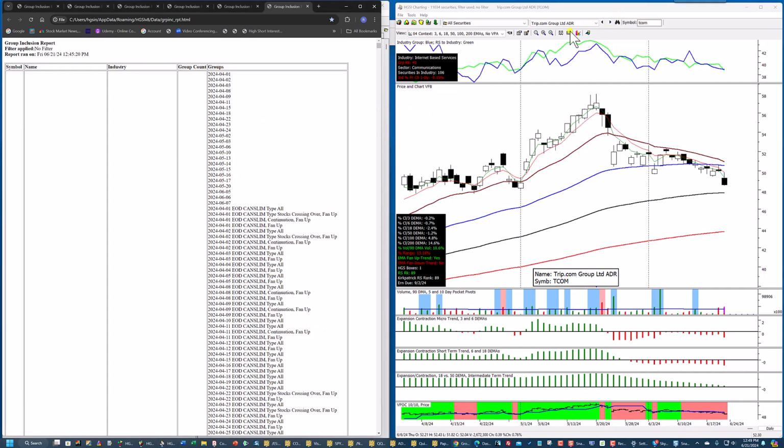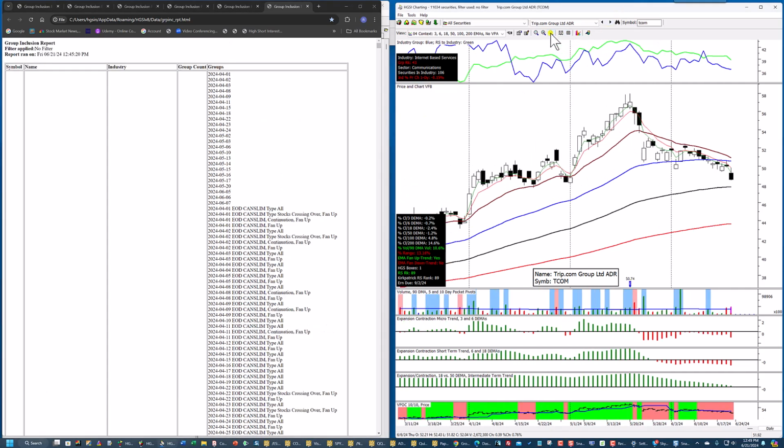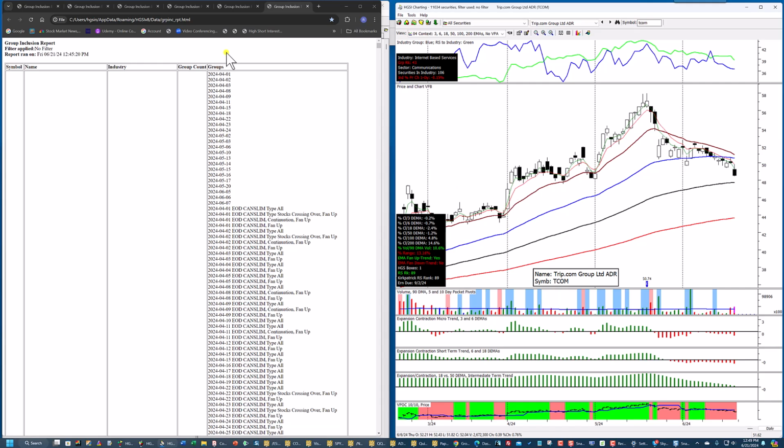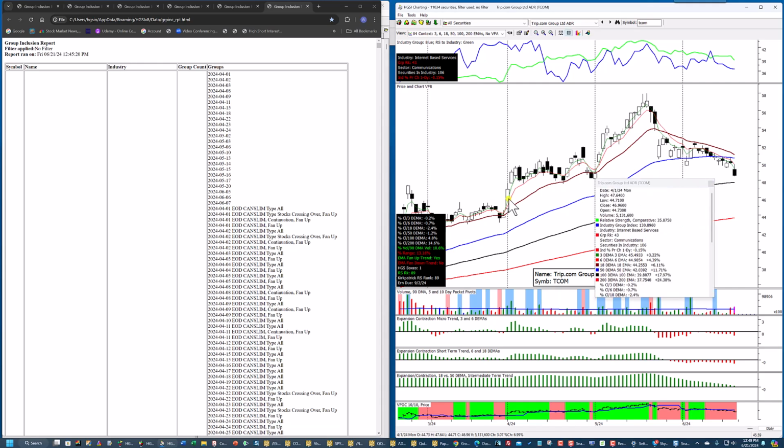Okay, let's go back and look at it. It was appearing 4-1, 4-2, 4-3, and 4-8. 4-1 is right there. 4-2, 4-3, 4-8, and 9. And then it started backing off again.